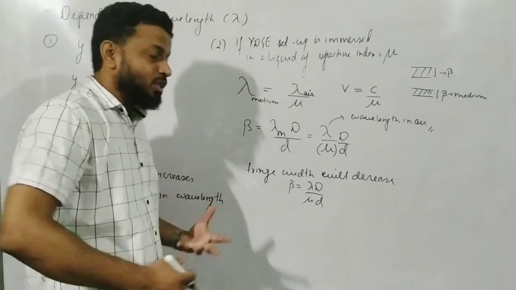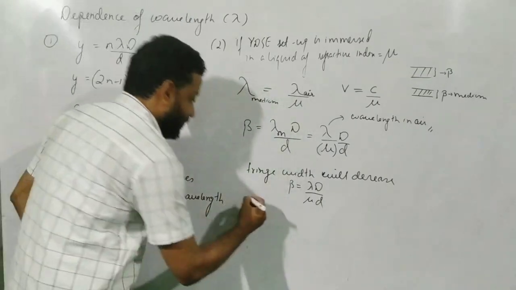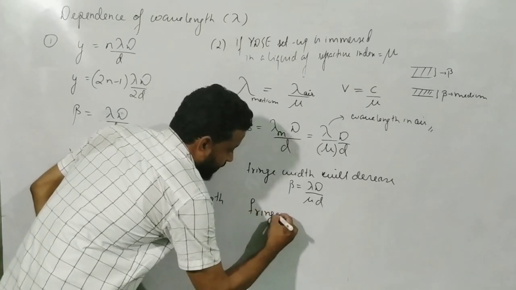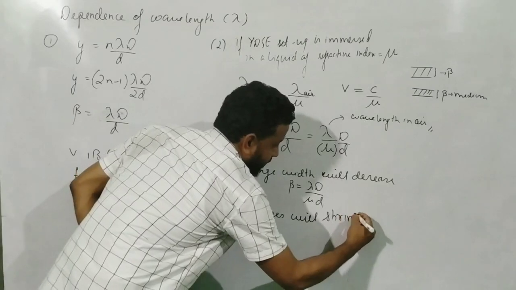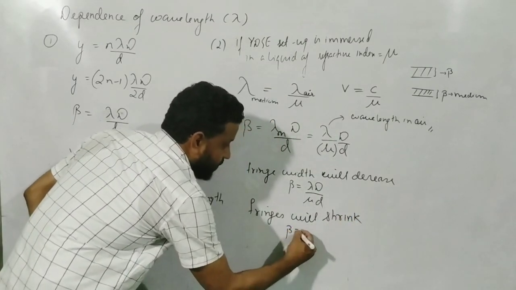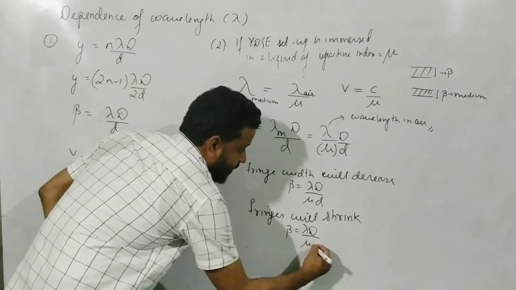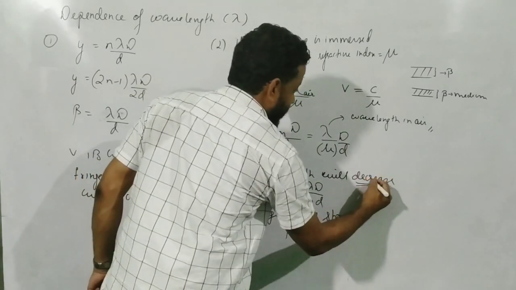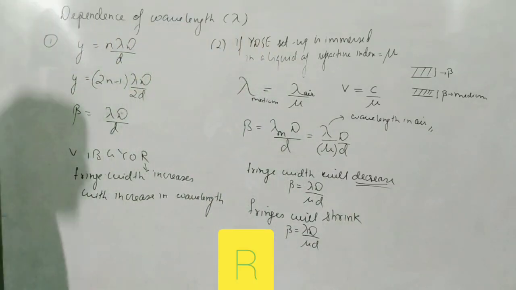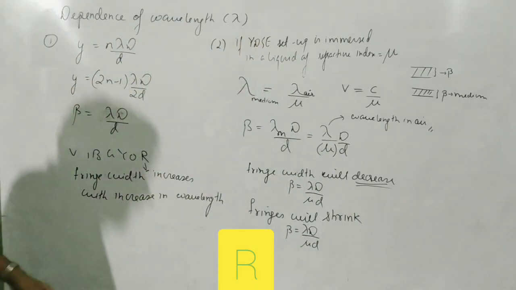Or you can use the words fringes will shrink, and then write this formula. Whichever way you want to write, you can write. I suggest using the word decrease: the fringe width will decrease. So this is the next thing which they ask.